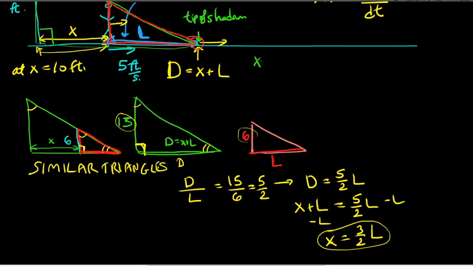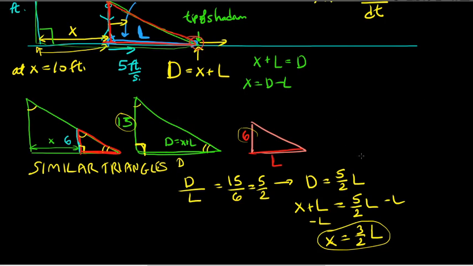So x plus L is equal to D, which means x is just D minus L. And D was 5 over 2 times L minus L. Oh, but we don't want this in terms of L. We want the relationship between x and D, I guess.